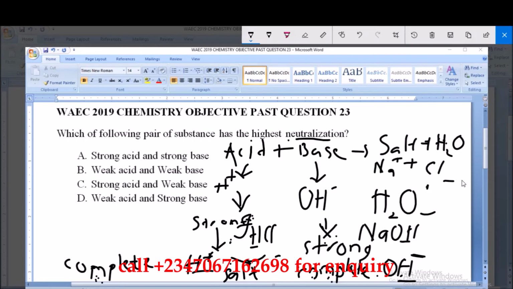So because of this complete dissociation and liberation of hydrogen and hydroxyl ions, the neutralization is very, very strong.